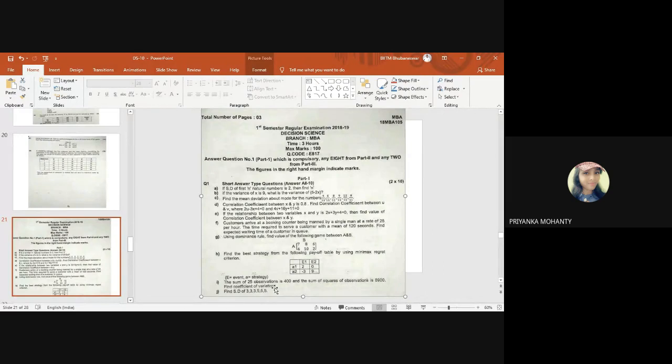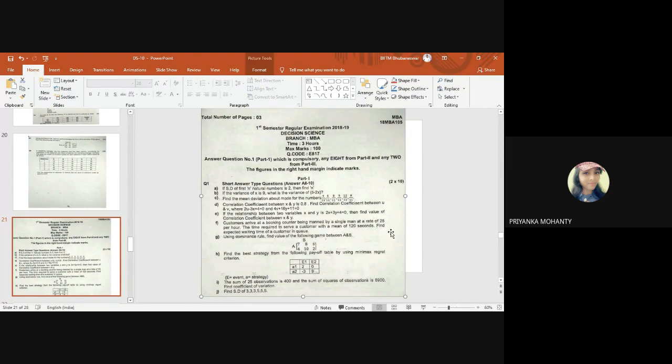The previous class already solved this. Coefficient of variation equals sigma divided by x bar, into 100. Here n value is given, observation is given, sum of square of observations is given, and the coefficient. This one is in case of the standard deviation, and 555. Solve this.